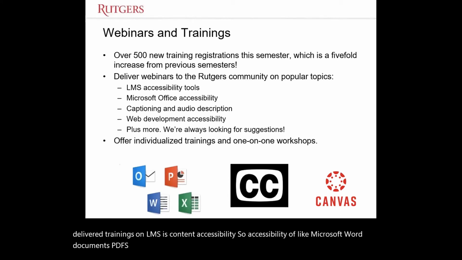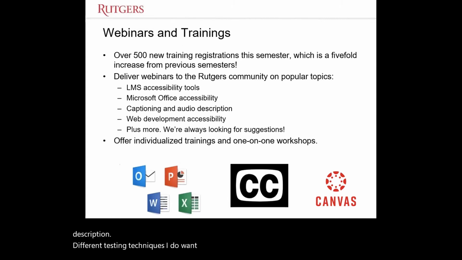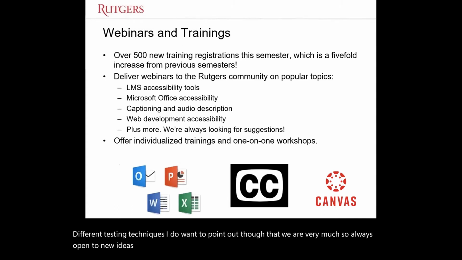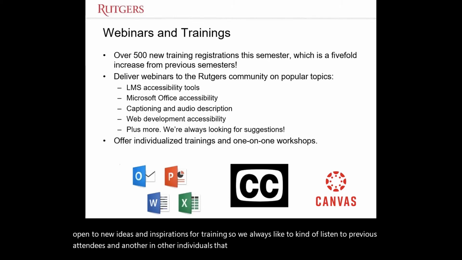We offer several different trainings that focus on captioning and audio description, different testing techniques. I do want to point out, though, that we are always open to new ideas and inspirations for our training. So we always like to listen to previous attendees and other individuals that our office works with to possibly learn about what training topics we could potentially cover later on down the road.